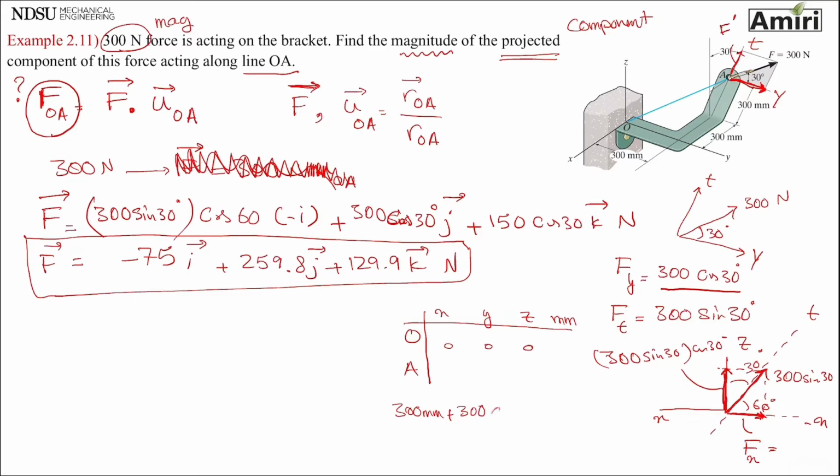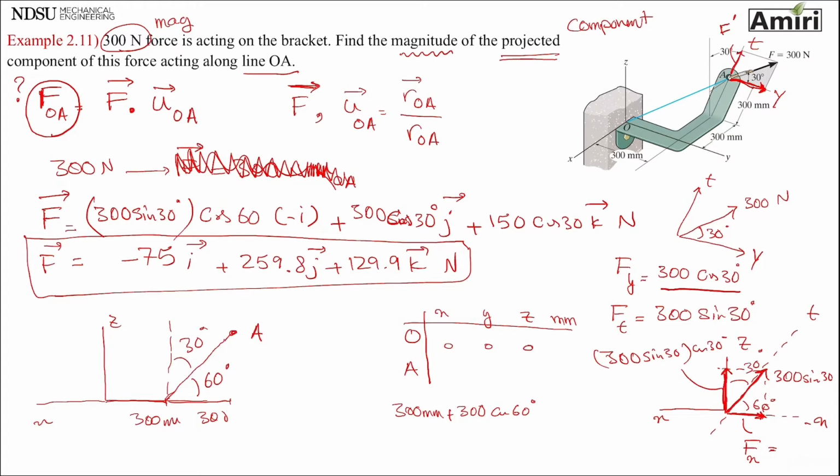I think I gotta draw it for you. So this is Z, this is X, this is 300 mm, this is another 300 mm, but this one has an angle, goes to point A. This is 30, this is 60.